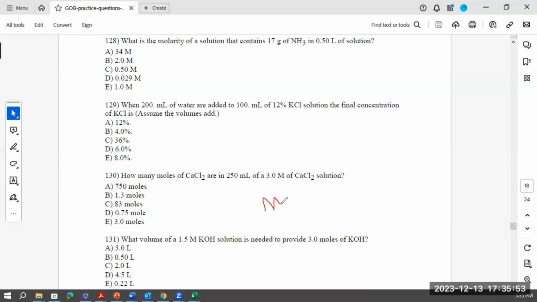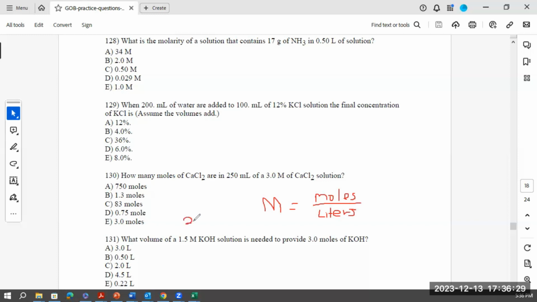M represents moles over liters. So this is in milliliters, so we have to change that to liters.